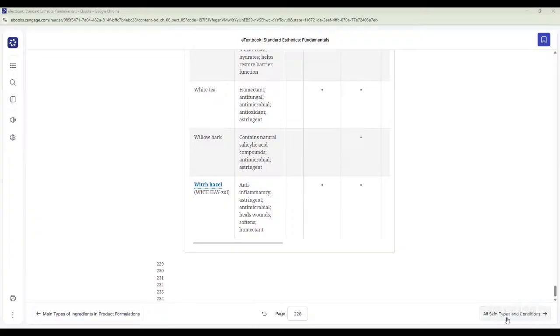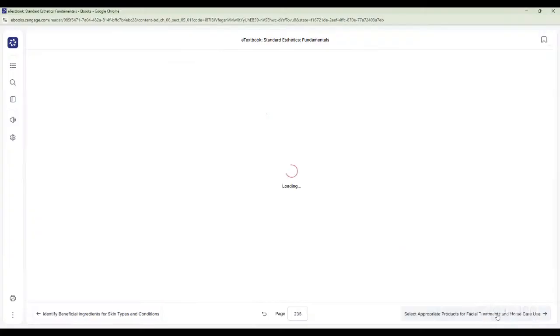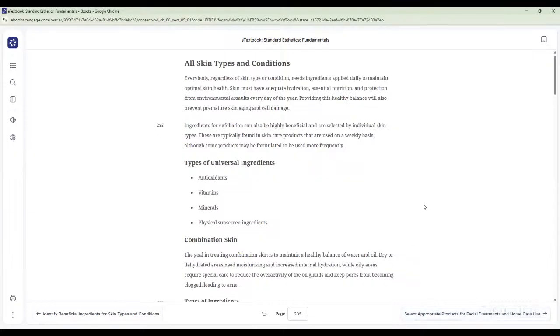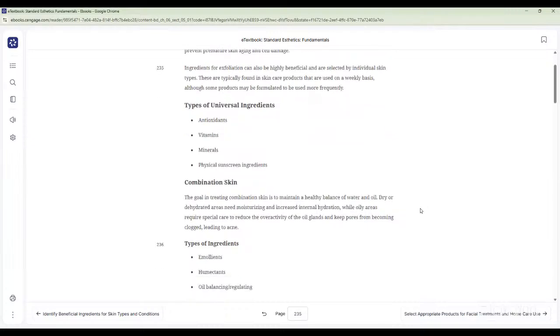And so that was a great list of ingredients that we reviewed. And as we continue to move forward looking at all skin types and conditions, these are types of universal ingredients where you will see them in multiple products. Okay. Today I'm highlighting in yellow these types of universal ingredients.